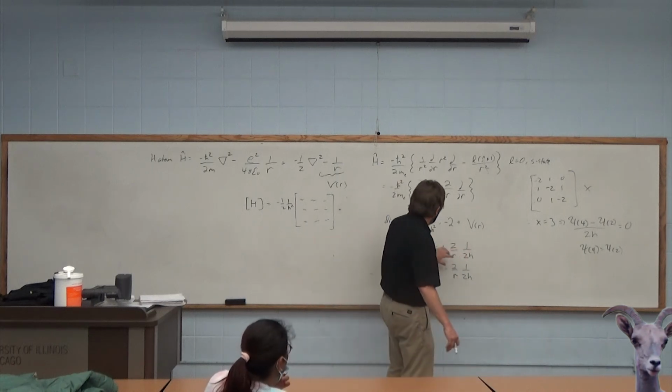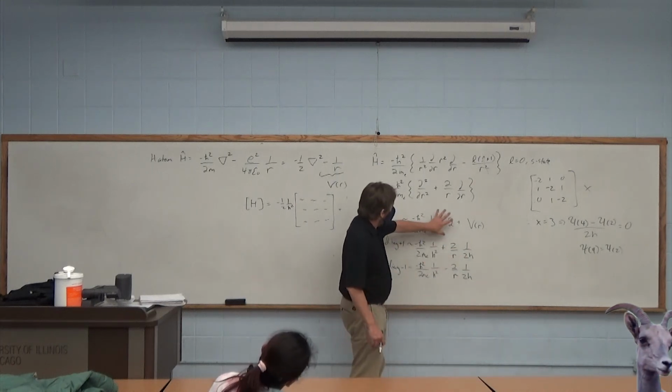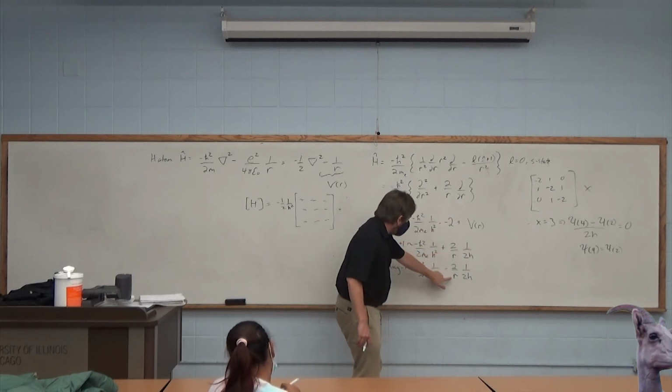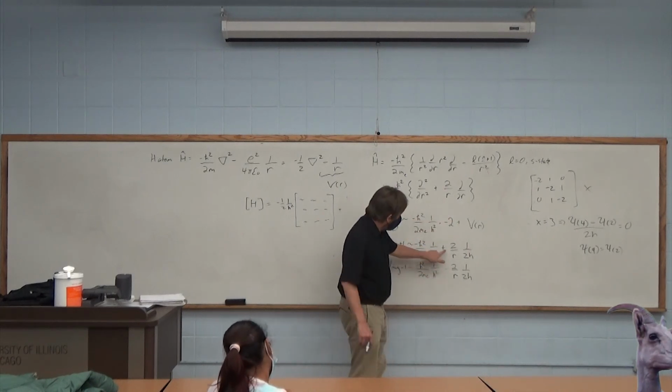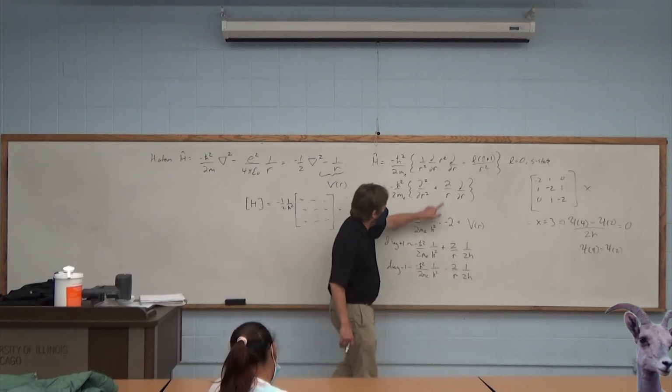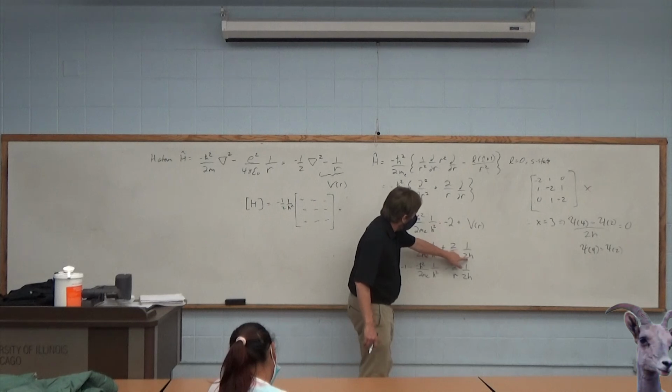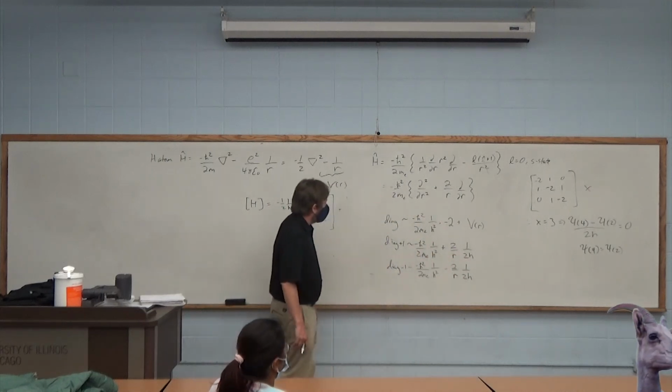Now the single derivative has no amplitude at the center point, plus 1, minus 1, plus minus 2 over r, right there. And again, there's your grid spacing.